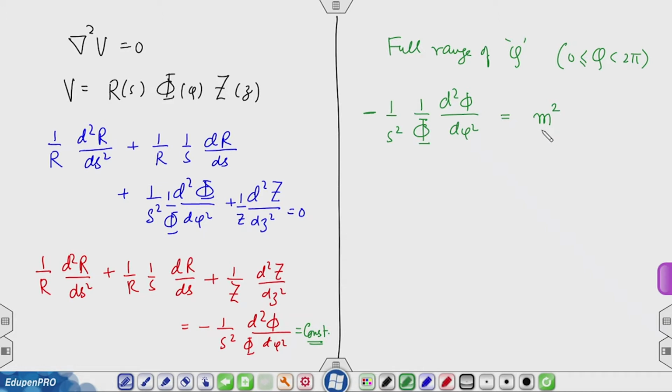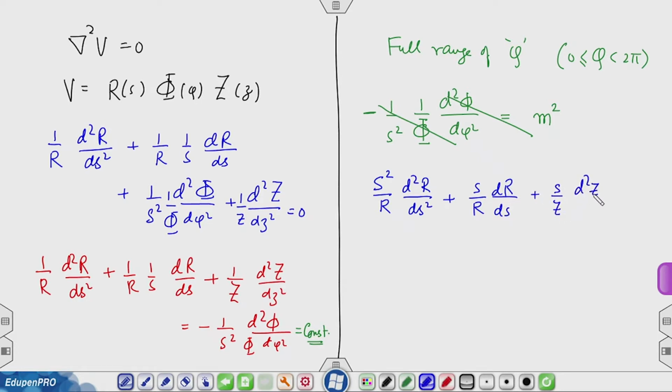I can do better if I write it like this: s square over R d2R over ds square plus s over R dR over ds plus s square over Z d2Z over dz square equals minus 1 over Phi d2 Phi over d phi square equals, now it's a constant.